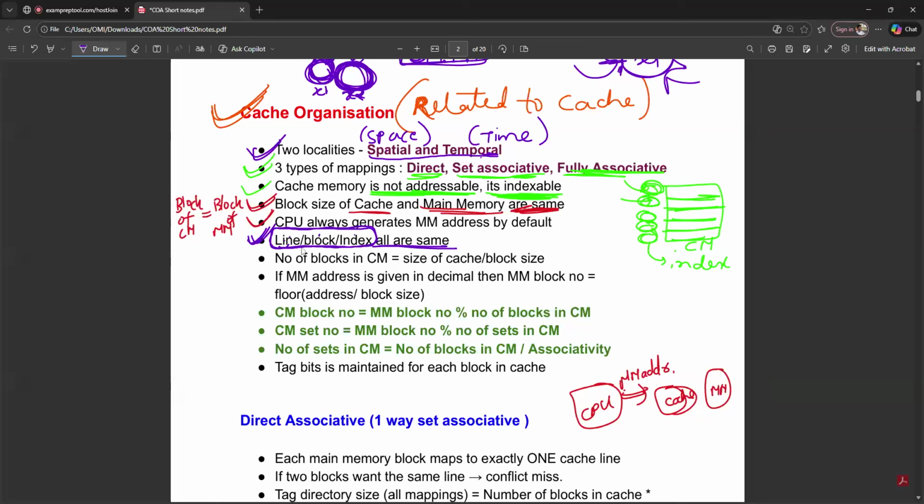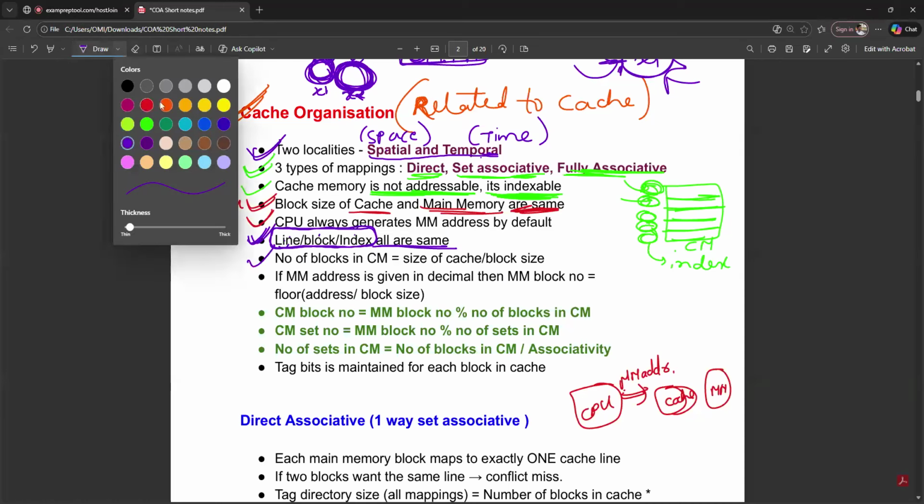Now next point, number of blocks in cache memory equals size of cache divided by block size. These are the formulas which I have covered directly in my course in the rank improvement course.